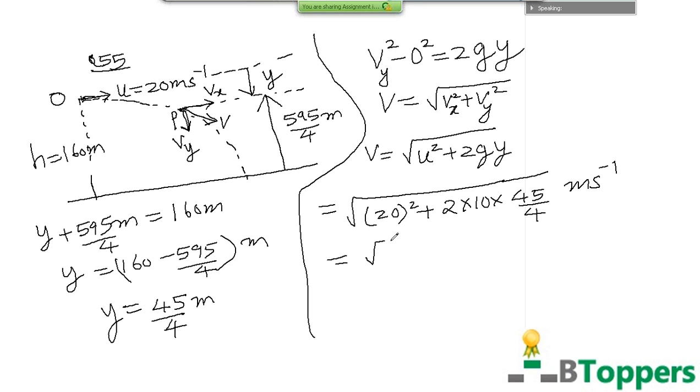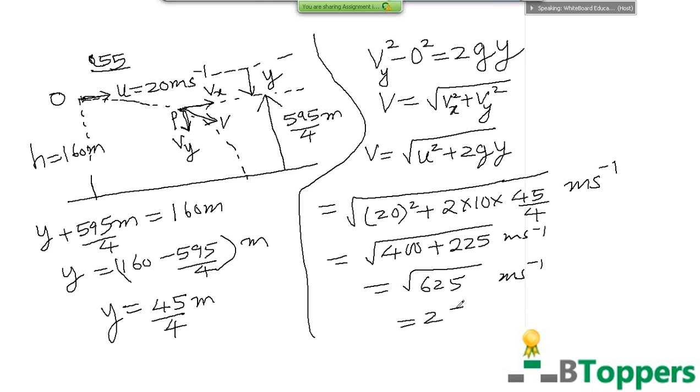This can be simplified by yourself. So you get under root of 625 meter square per second square, which is equal to 25 meters per second. So you get the answer as 25 meters per second.